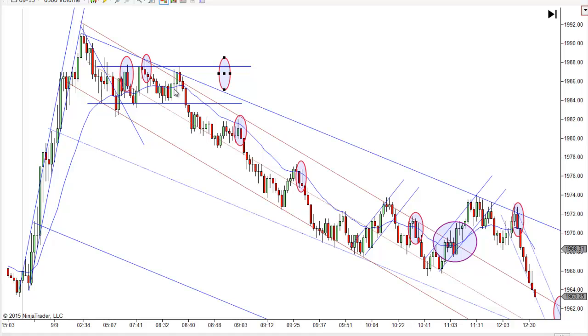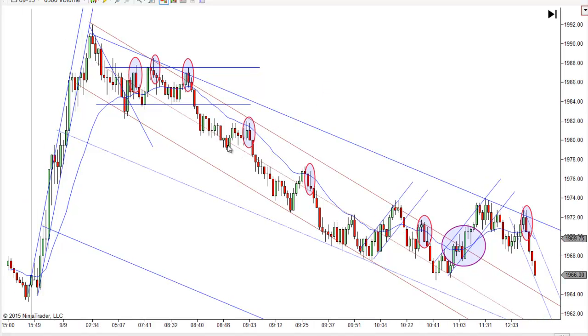So I guarantee you a bunch of people got short right there too, and then they ran their stops and then turned it down. So it's like a little double trap almost. And then we break lower, pull back, first entry, pull back, and there's actually a second entry right there. So this is more of a repeat pattern of this over here.